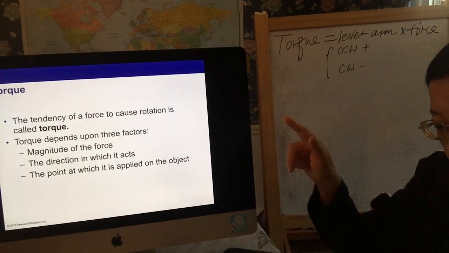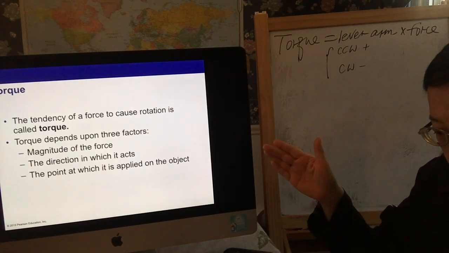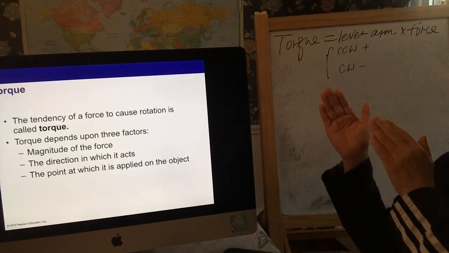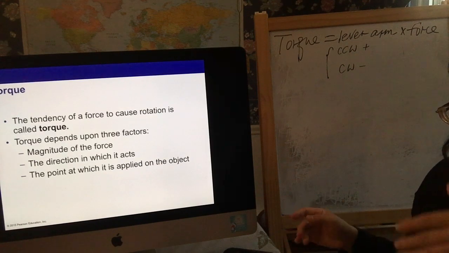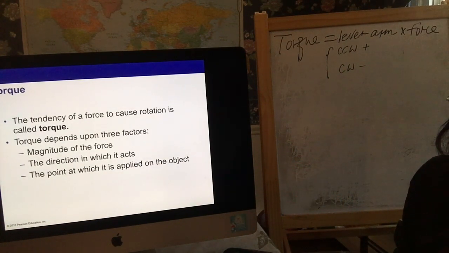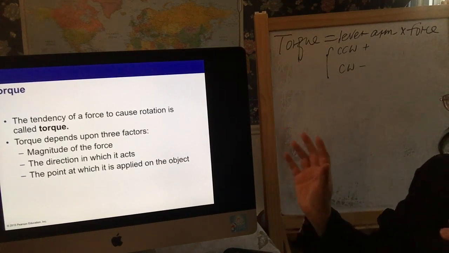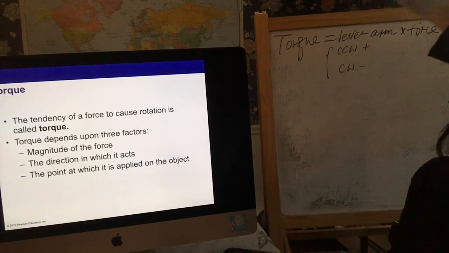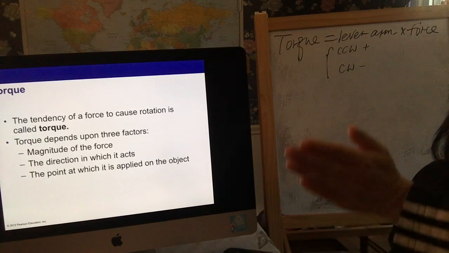If you notice, all the doorknobs are located almost at the edge of the door frame, which is very far away from the hinge. If you imagine how the door is rotating, where the hinge is located is acting as the axis of rotation.